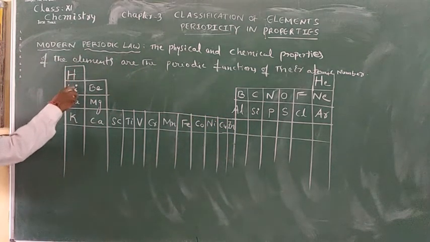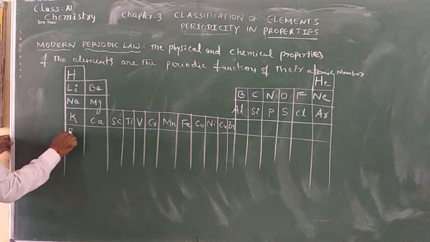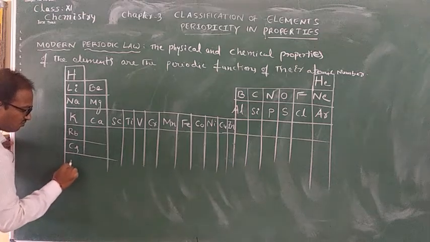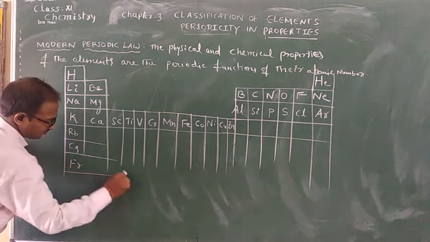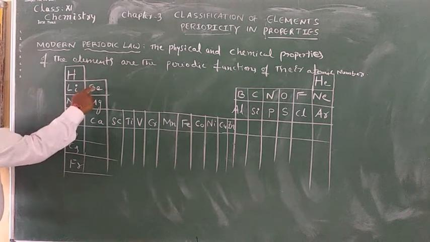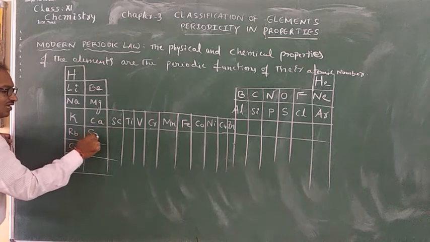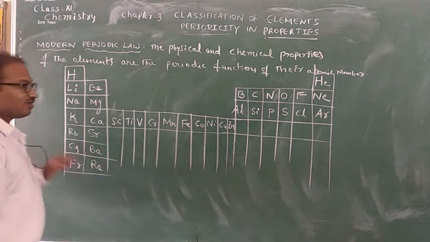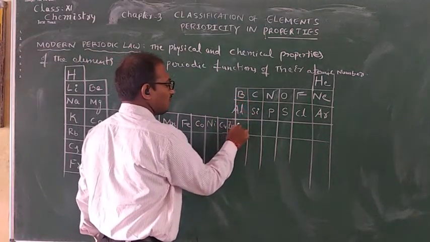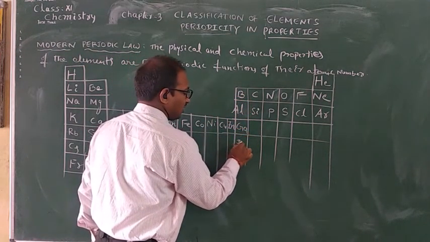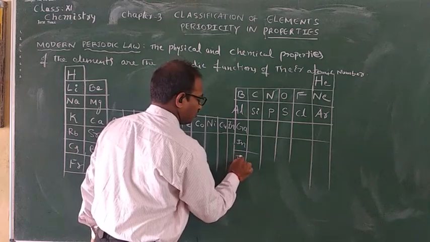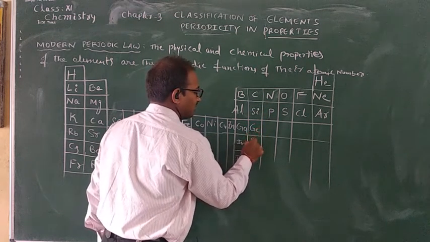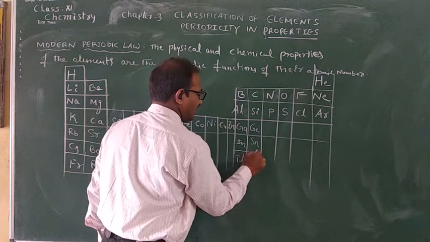Hydrogen, lithium, sodium, potassium, rubidium, cesium, francium. Beryllium, magnesium, calcium, strontium, barium, radium. Boron, aluminum, gallium, indium, thallium. Carbon, silicon, germanium, tin, lead.